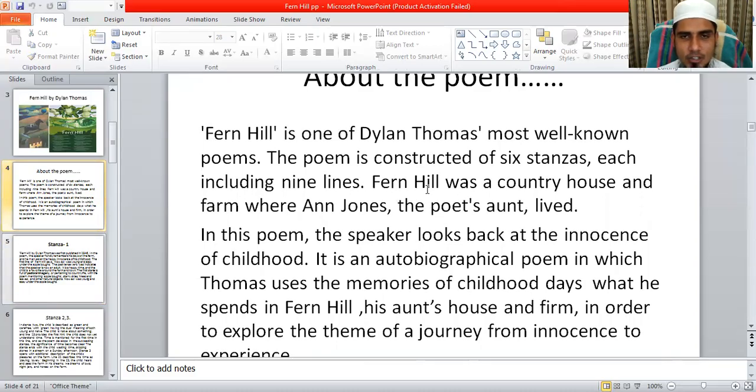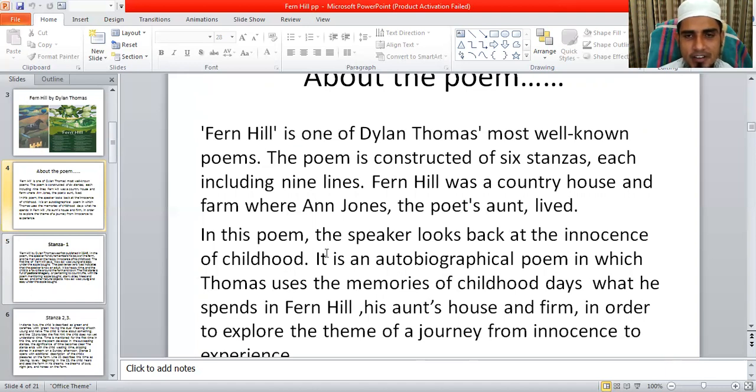My dear students, there are 6 stanzas. We can divide the poem into 2 parts. The first part contains the first 3 stanzas. In these, the poet describes how he spends his early life, his childhood, how he enjoys the natural beauty and plays with nature in the area of the farm, Fern Hill.